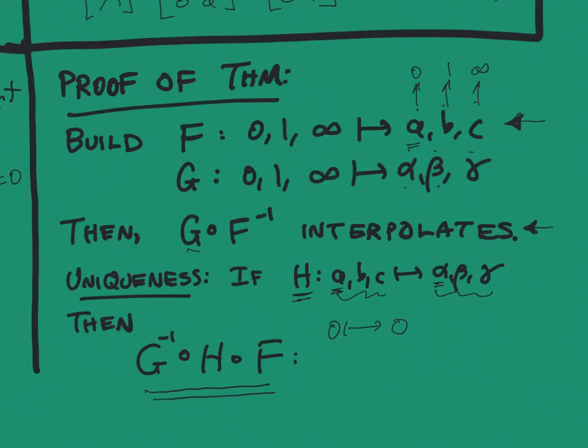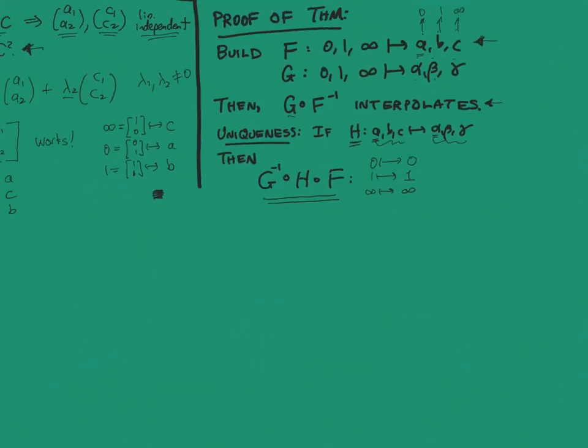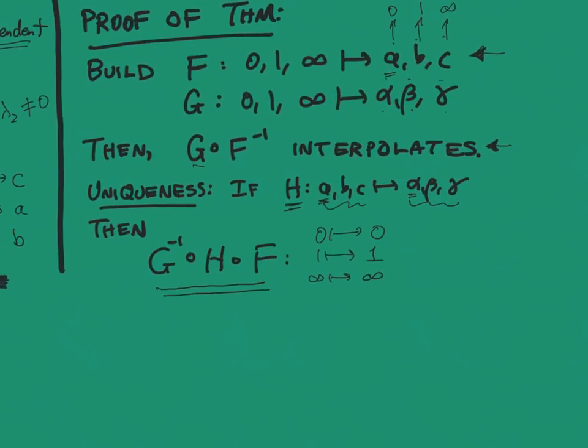And then this is rigged exactly to send 1 to 1 and infinity to infinity. And now we can invoke the first lemma, which then says that this has to be the identity map. And then you compose on the left with G and on the right with F inverse to get that H has to be the function that we already constructed. So that proves uniqueness.